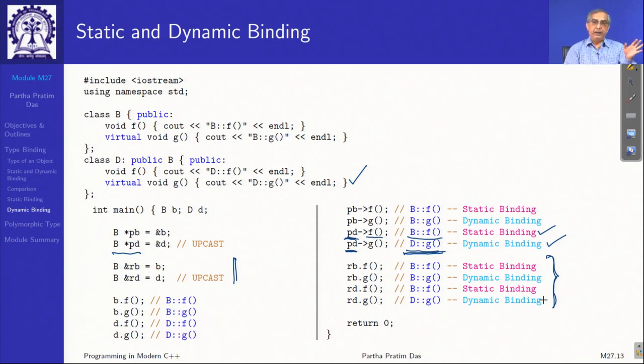Otherwise, it is static binding. If you are dealing with non-virtual functions, then it is always statically bound. If you are invoking through the object directly, it is always statically bound, but only with pointers and with references and virtual functions will you have this dynamic binding behavior.